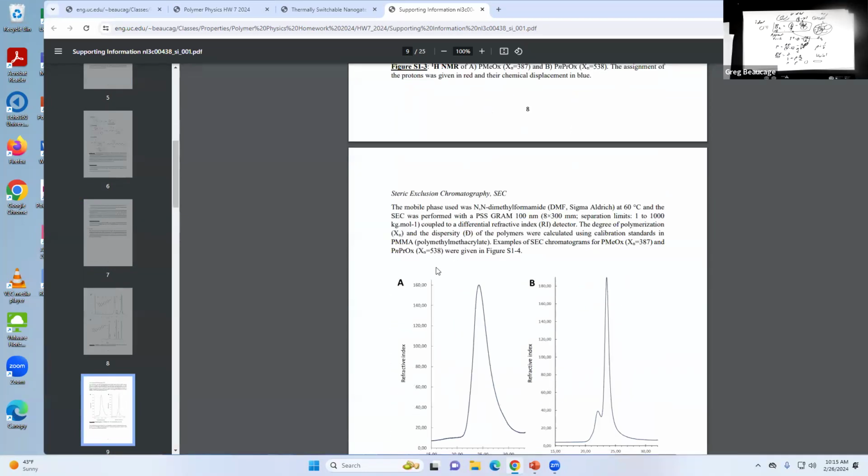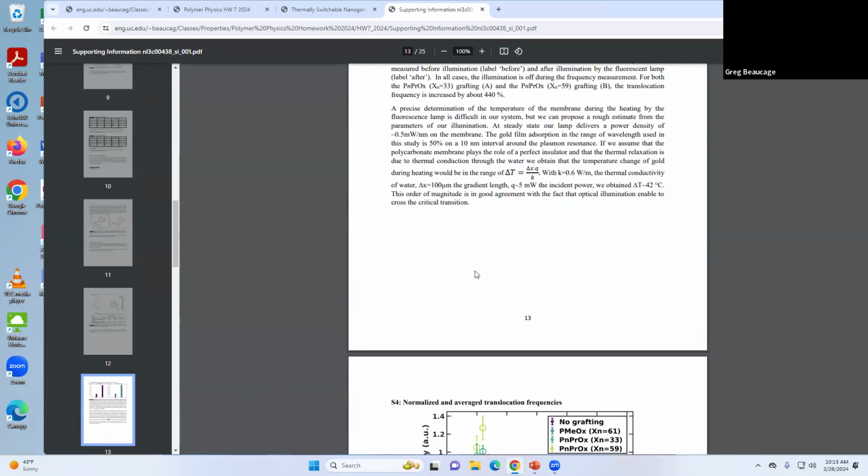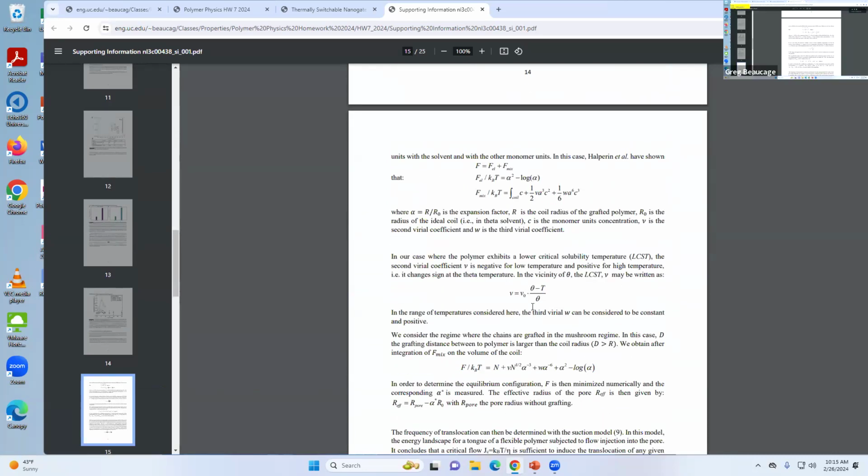Here, nu here is B2, and nu 0 is small b from the van der Waals, like the actual hardcore excluded volume. So theta over theta is 1, so that gives you b, and then this term should be theta over T, not T over theta. It's upside down, right?